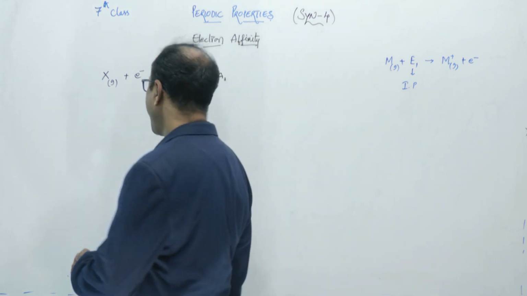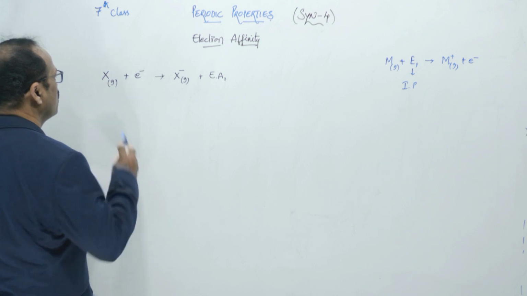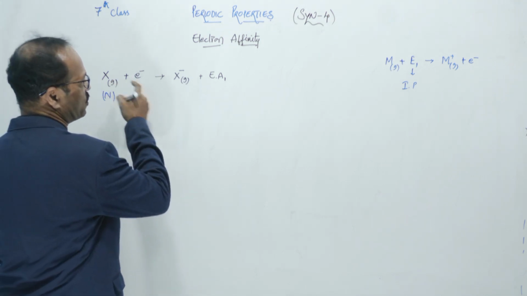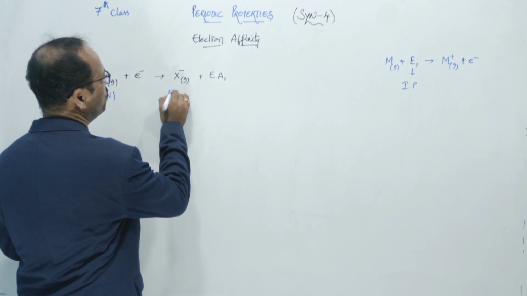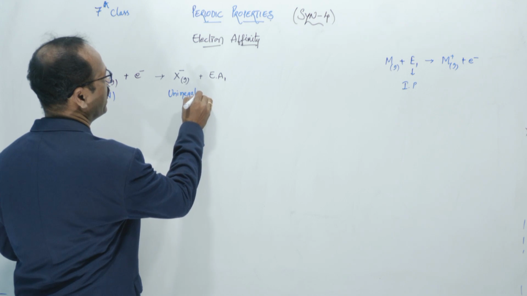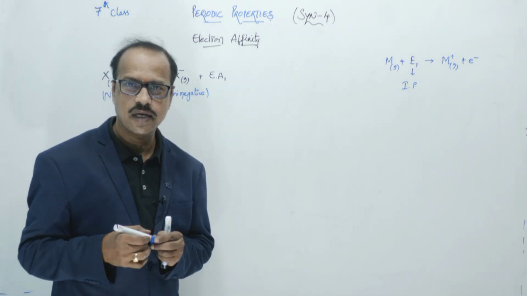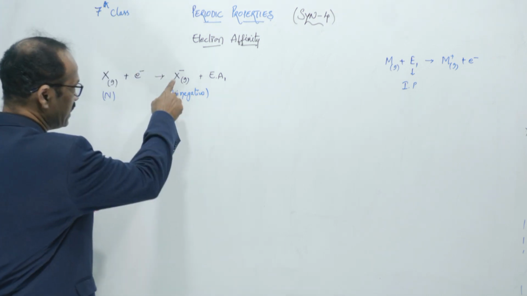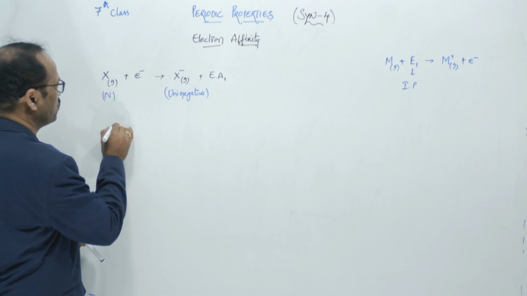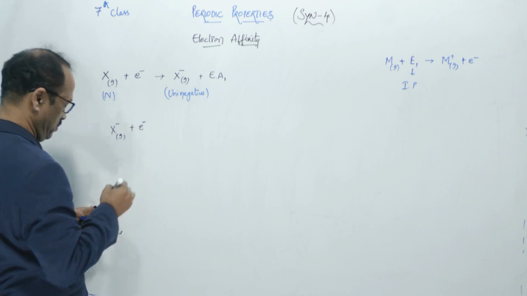So when we add one electron to a neutral atom, it takes the electron and becomes uni-negative, meaning one unit of negative charge is on it. Now, for example, take this X minus uni-negative ion and add one more electron.